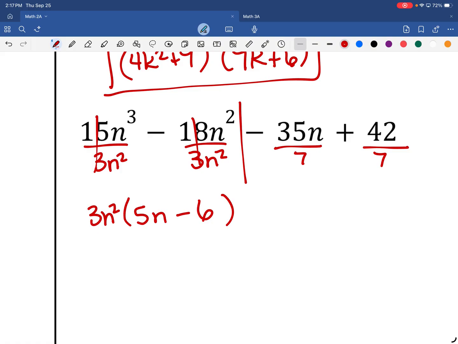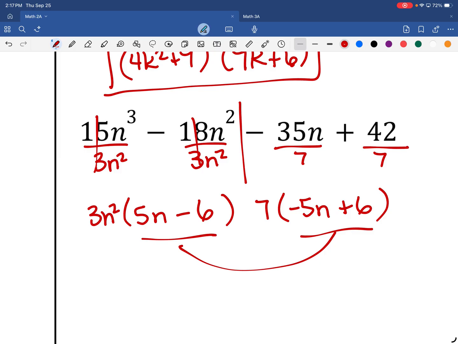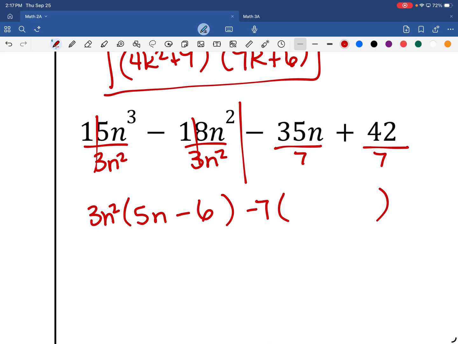Actually, to check your signs, I'm going to show you something. If I put 7 out front, then I'd be left with negative 5n plus 6. See how these two sides don't match? They're really close. They're only off by a sign. So when that happens, instead of pulling out a 7, pull out a negative 7.